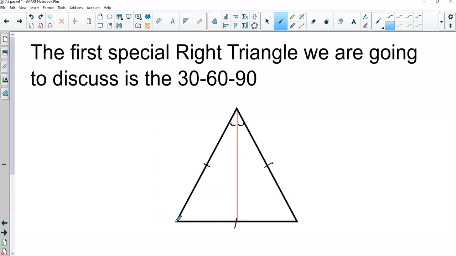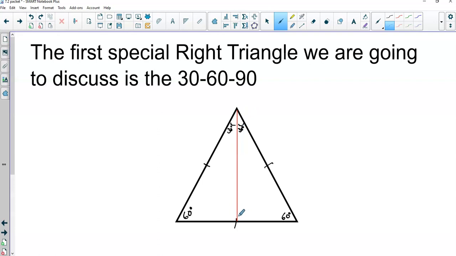You may recall that in an equilateral triangle, all angles measure 60 degrees. So let's mark that here. 60 degrees. And the top one is 60 degrees, but if you draw the altitude being an angle bisector, then it cuts the angle in half. Therefore, the first half would measure 30 degrees and the other half also would measure 30 degrees.